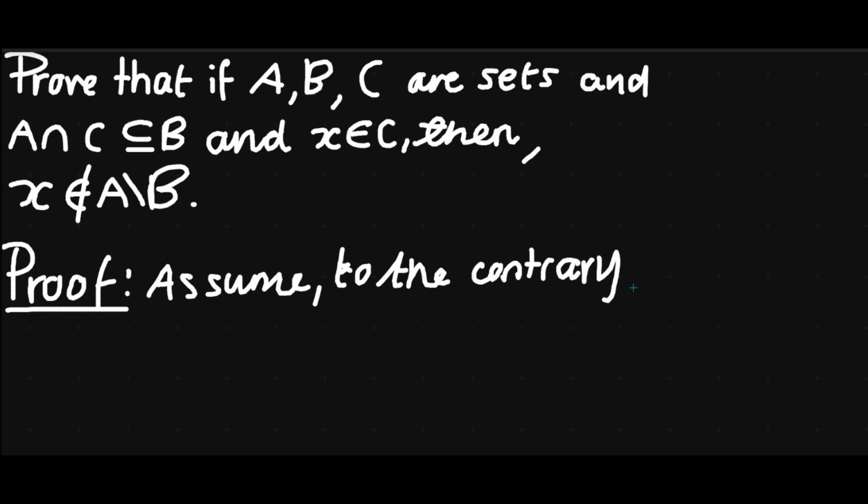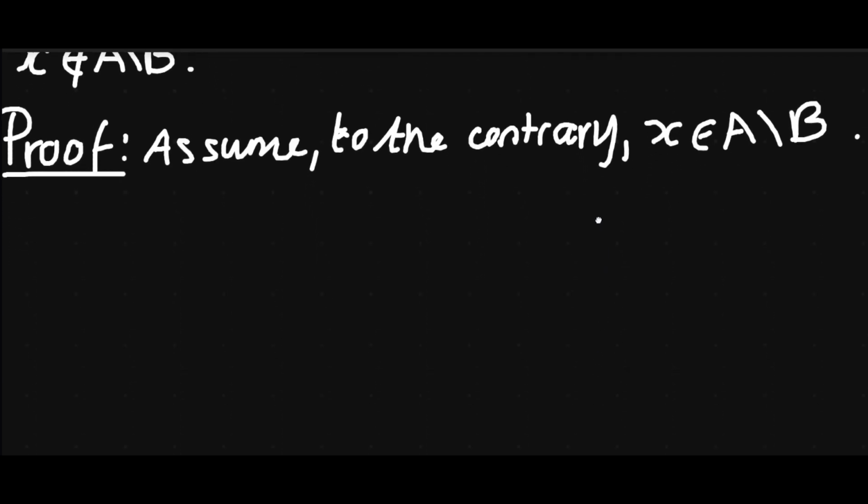So assume to the contrary that X is an element of A minus B. So there's the start, very nice.